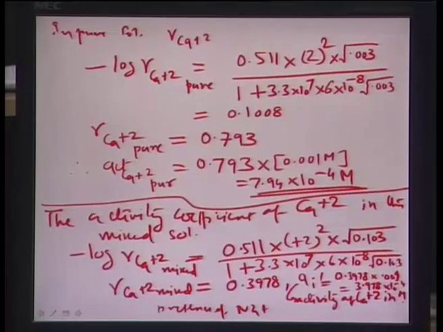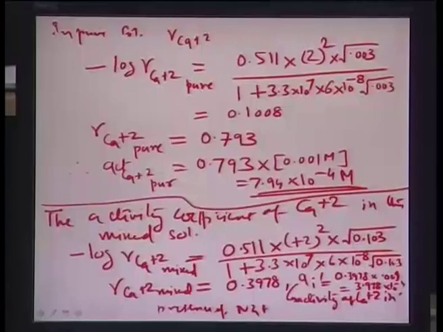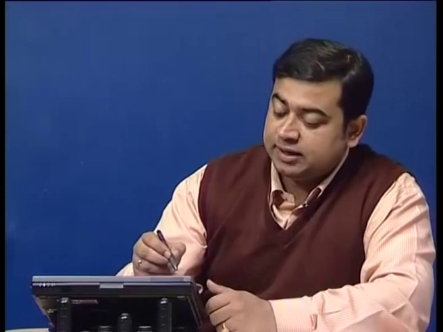So, going to the second part of the problem, let us find out what is the Aj value, the J in this case being the sodium ion or Na+ ion. The Aj value essentially is the activity of the Na+ in the presence of Ca+2. Okay. So, we calculate that here.